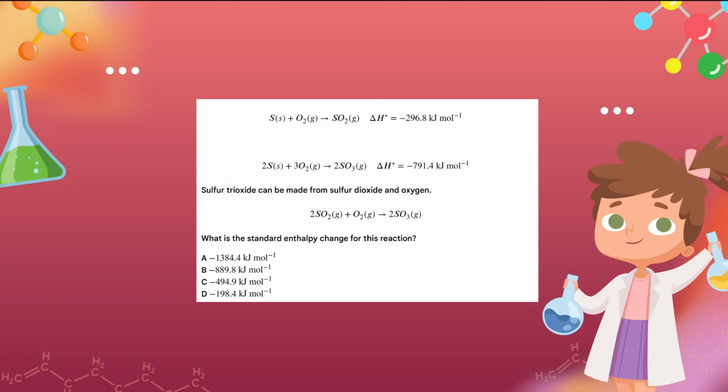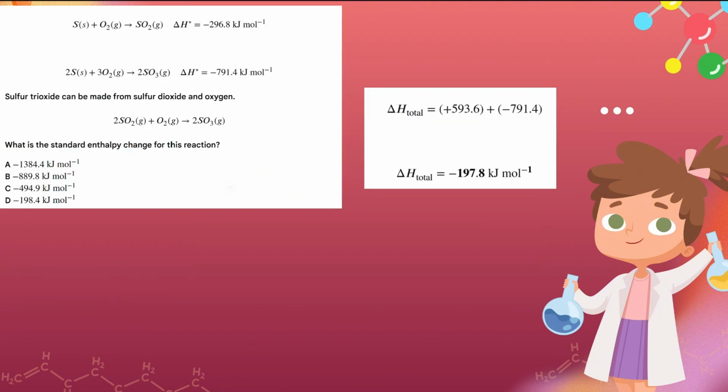Okay, another question. Sulfur trioxide. This is sulfur dioxide and oxygen. Which one is the correct answer? Let's check. This is just doing manipulation. I'll be showing you guys. I'm just putting it here because I'll be doing scribbles for you. Okay, so we can see here this is 2SO2.